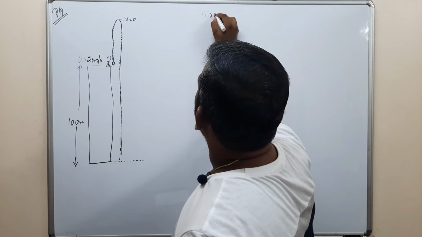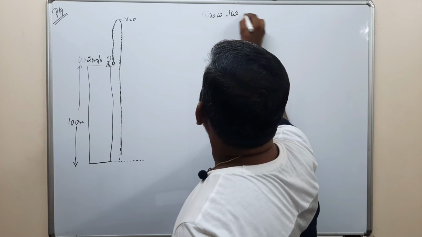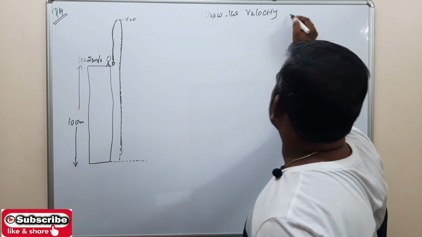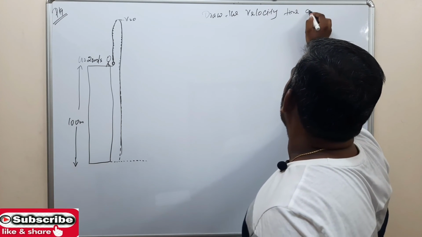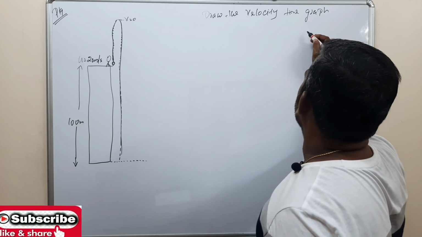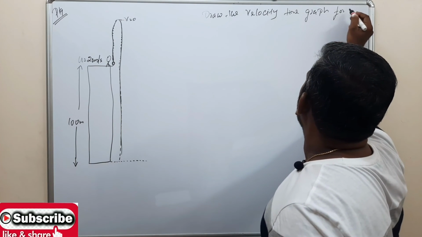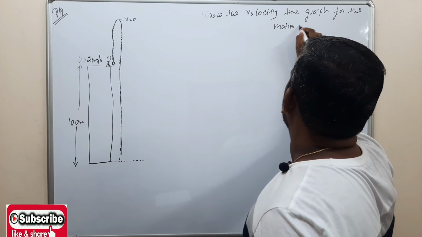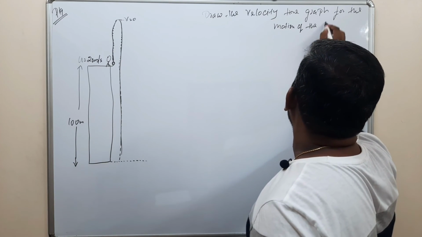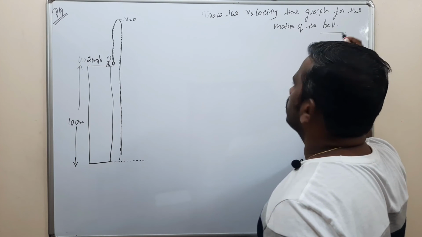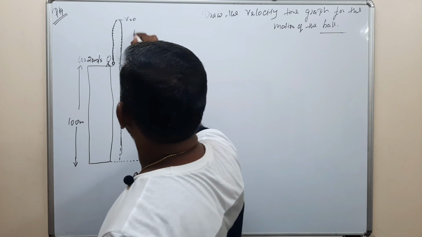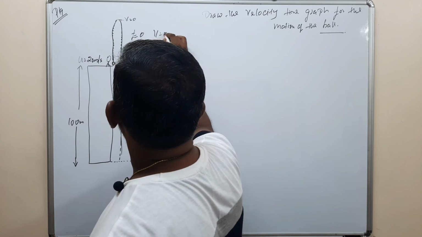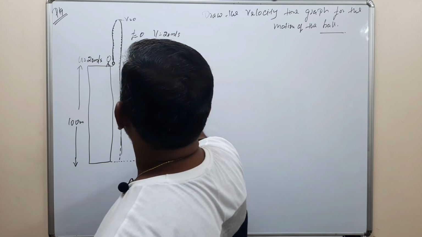Now draw the velocity time graph for the motion of the ball. At time t equal to 0, what is the velocity? Velocity is equal to 20 meters per second.